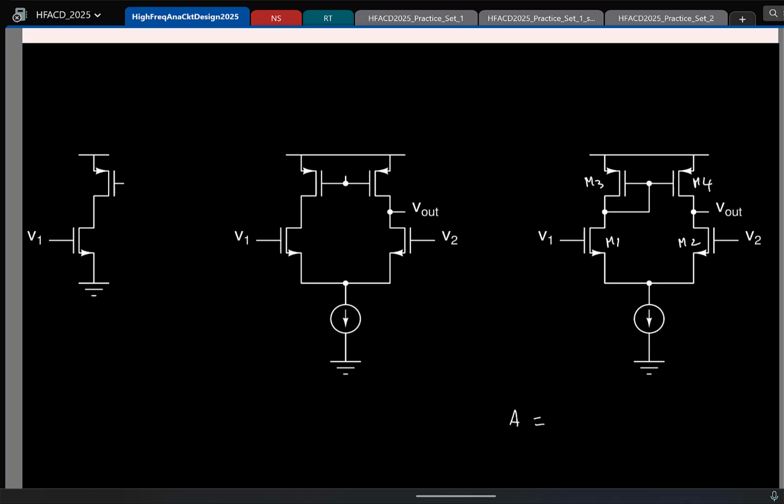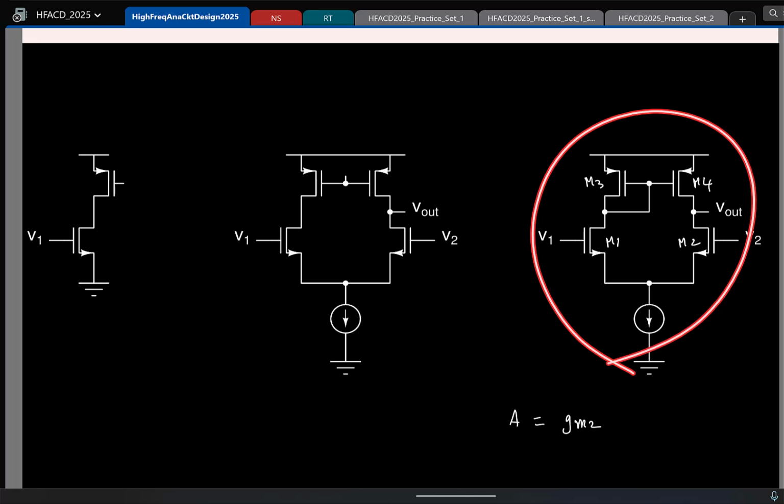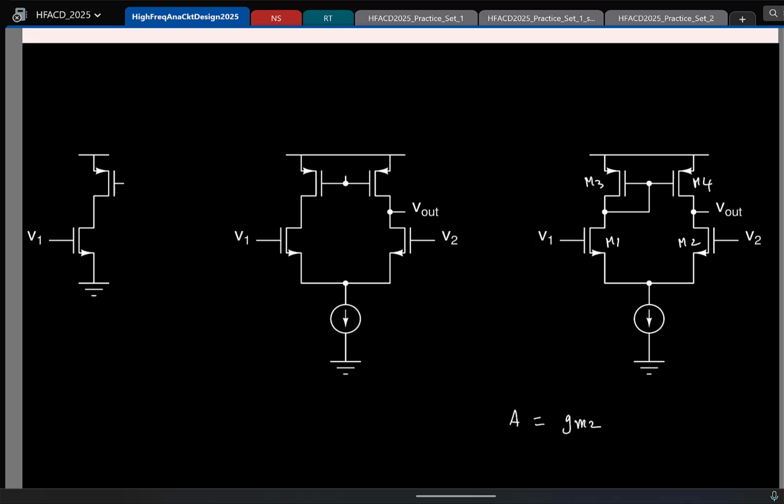M1 and M2, right? That is the main differential pair that converts the voltage to current. And what is the output resistance here? It is r0 of this fellow, r04 parallel with r02. But again, please remember, it is not as though looking down the resistance is r02 and looking up it is r0 of M4. We in fact calculated it separately, but the final expression turns out to be this.